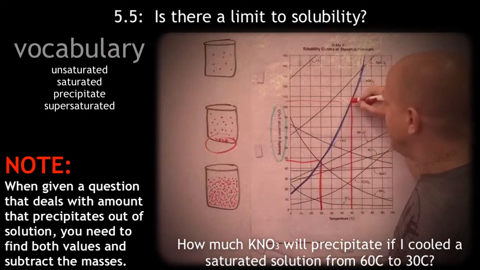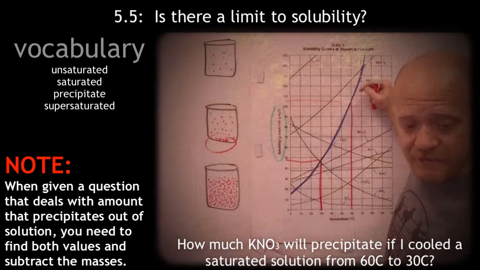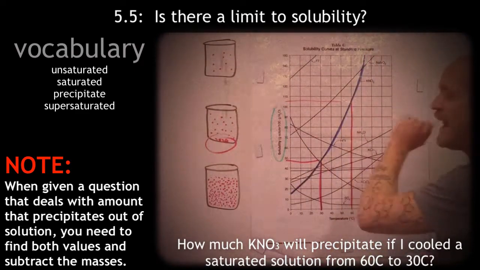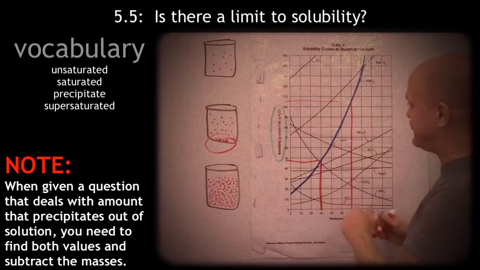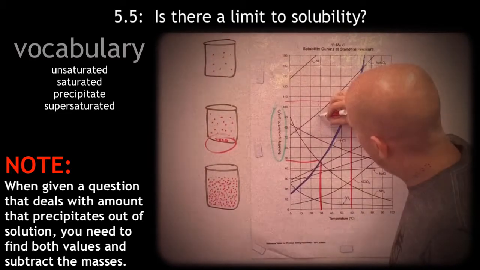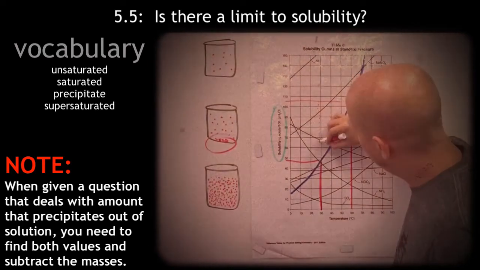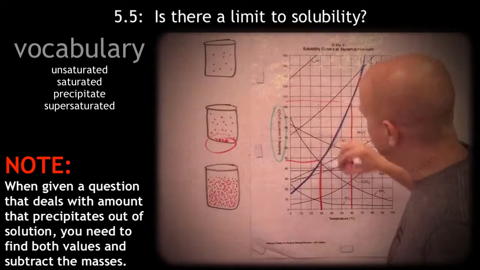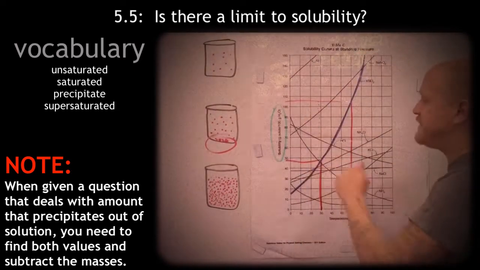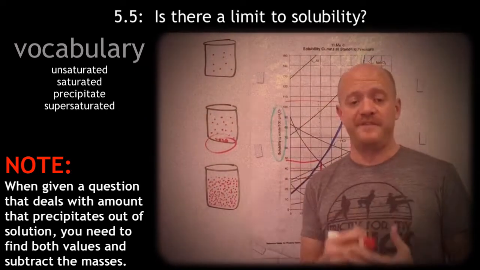So if I had 105 grams of potassium nitrate in 100 grams of water, and I cooled it down to 30 degrees, about 60 grams, a little less than 60, maybe 58 grams of potassium nitrate would actually come out of solution.